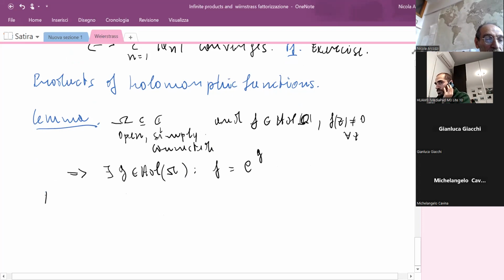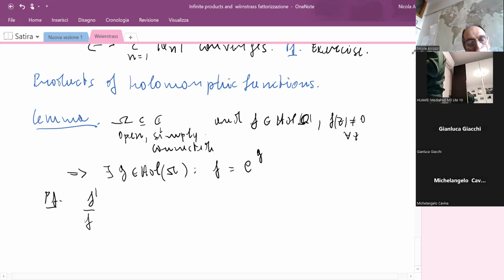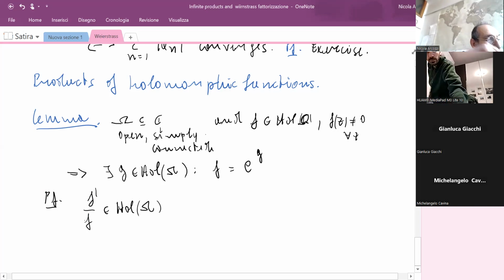So for the proof, consider the function f prime over f. Essentially, we are taking the derivative of the logarithm. This is a holomorphic function because the denominator does not vanish.